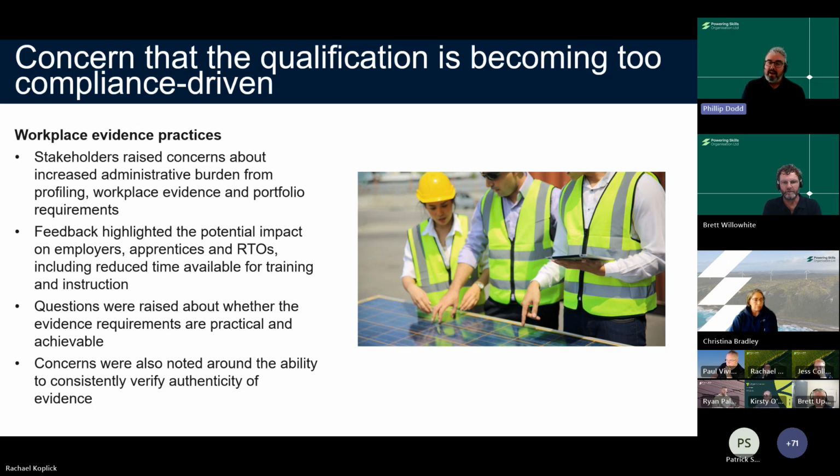And in that last unit of competency, that workplace evidence portfolio is assessed by the RTO or by the trainer to make sure that they have a completed portfolio of evidence showing progression through their contract of training.